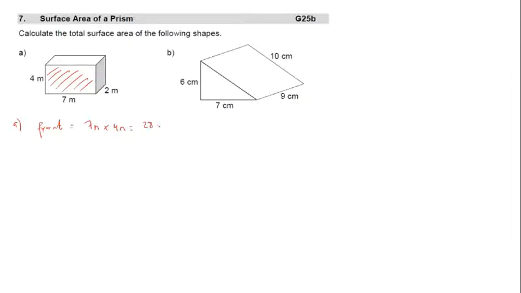So that's 28 meters squared. Now the back, remember, which you can't see, but it's obvious it's the same size as the front, so it's got the same area. I'll do the top next now, okay, the top side, which is here. So here's the top, I'll do it in blue.